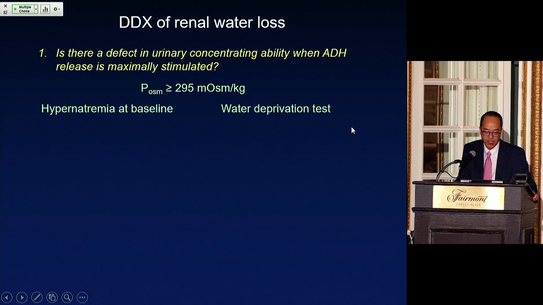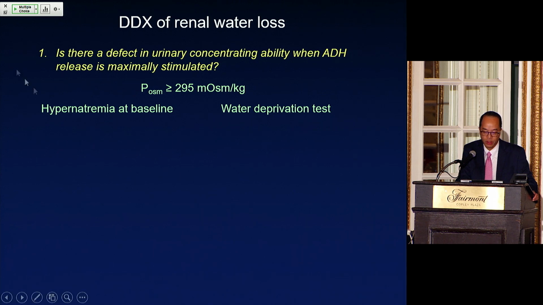If you have a patient that is hypernatremic at baseline, then you already can look at their baseline electrolytes and ask the question. The issue is that many of these patients don't have an abnormal serum sodium and osmolality. Patients with diabetes insipidus often drink because they're thirsty and manage to lower their serum sodium and plasma osmolality into the normal range.